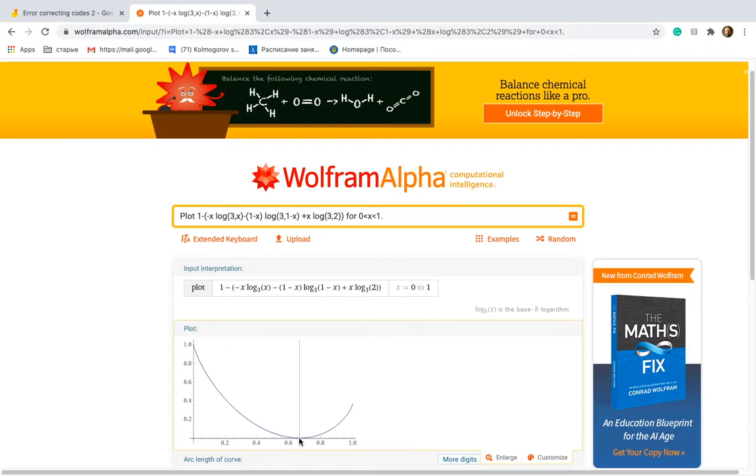So this is the sufficient condition, and let's plot it for a very large alphabet, for example, 256 symbols.